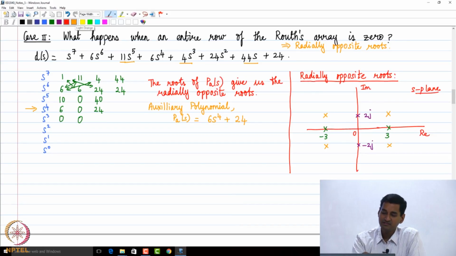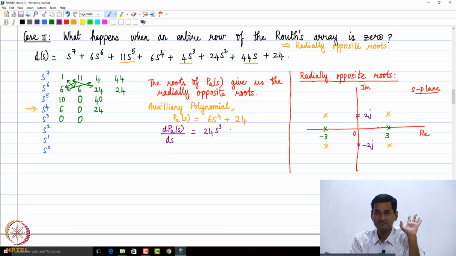Then you take the derivative of the auxiliary polynomial with respect to s, dPa/ds. That gives me 24 s cube plus 0. That is it, when I take the derivative with respect to s. Do you agree?